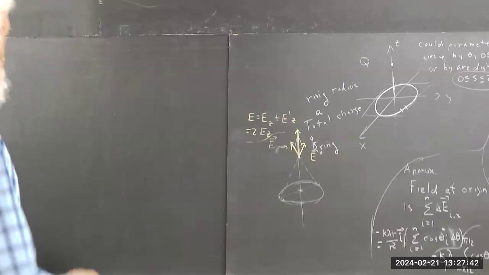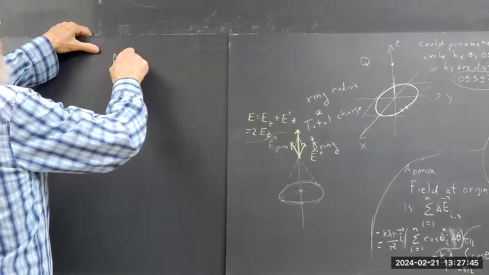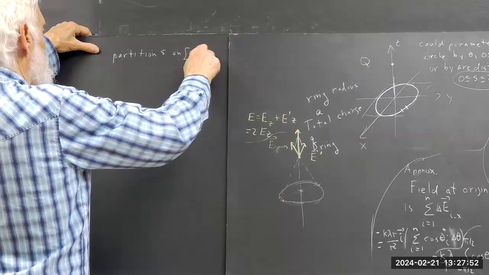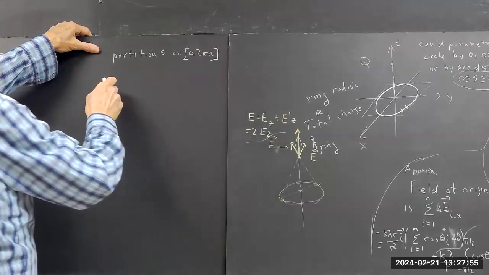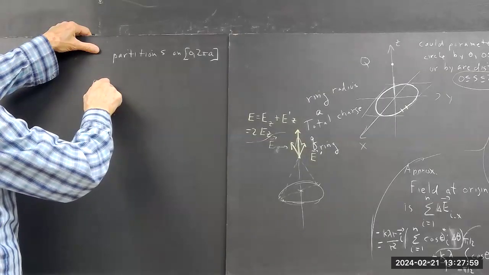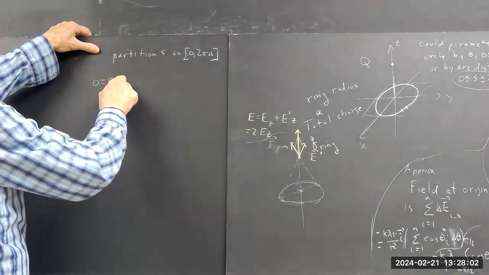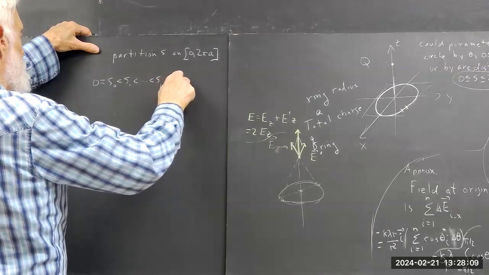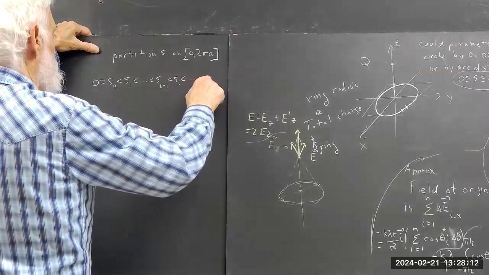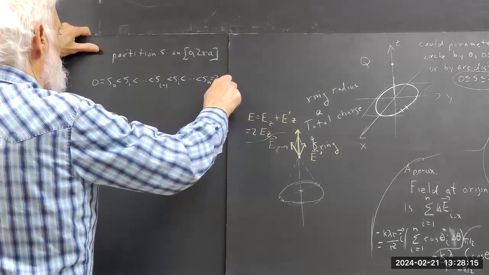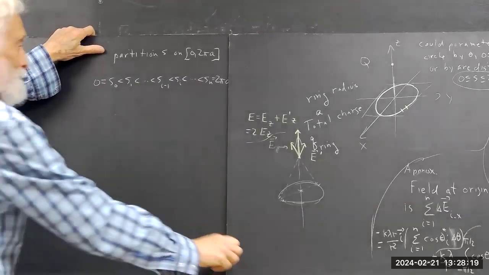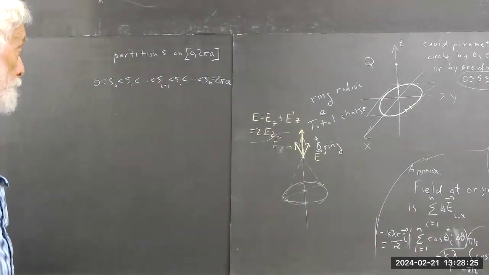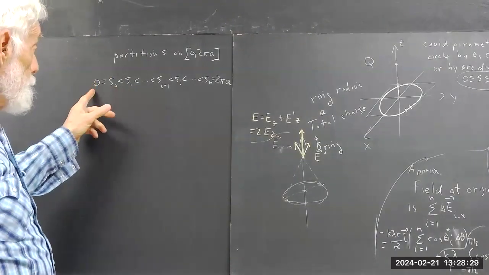Okay, so it tells us immediately our integral is going to be with respect to s, and the limits are going to be from 0 to 2 pi a.